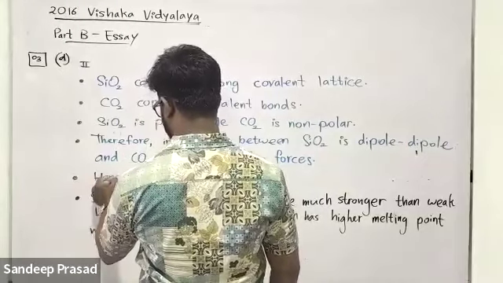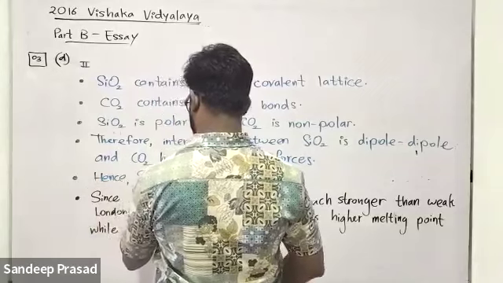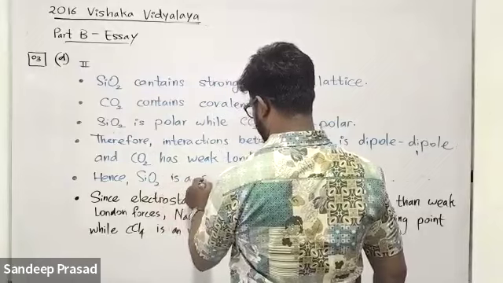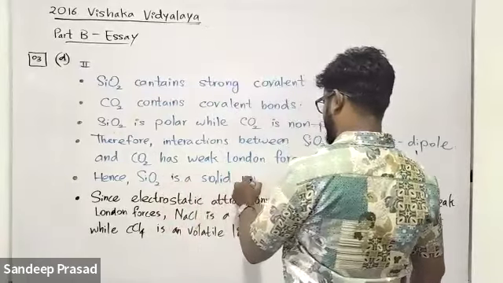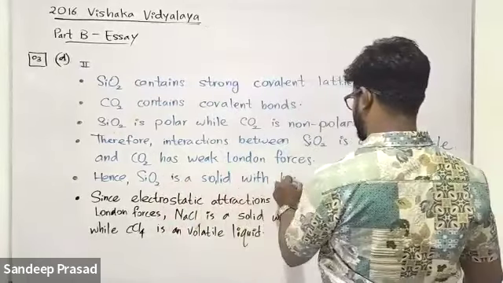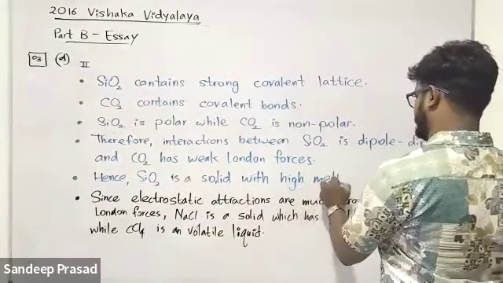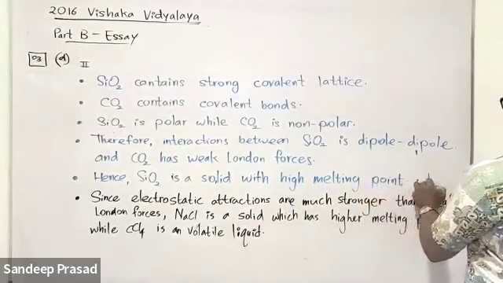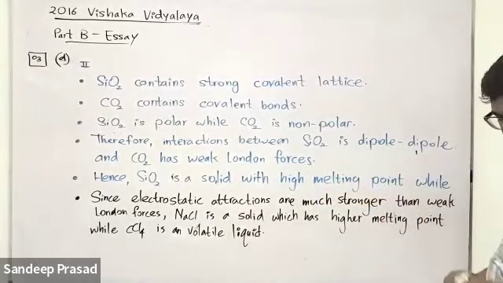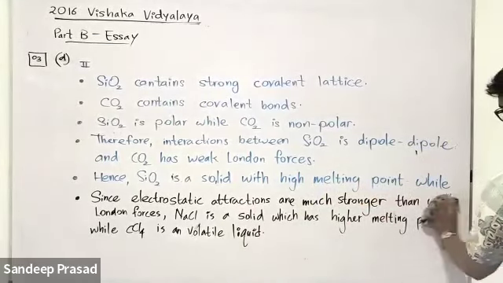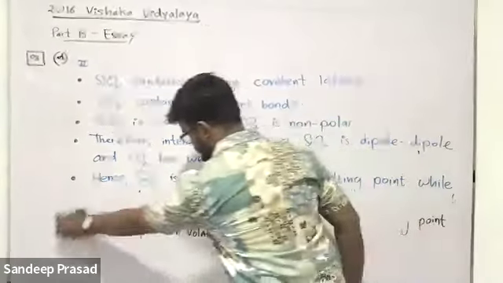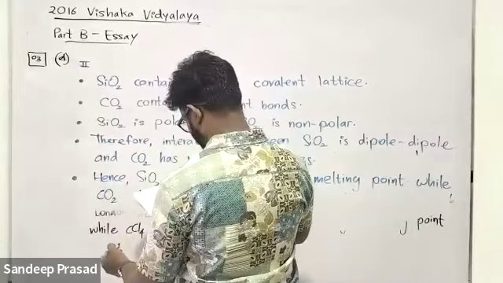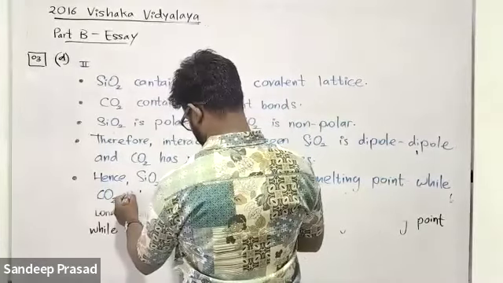Hence, silicon dioxide is a solid with high melting point, while carbon dioxide is a gas.